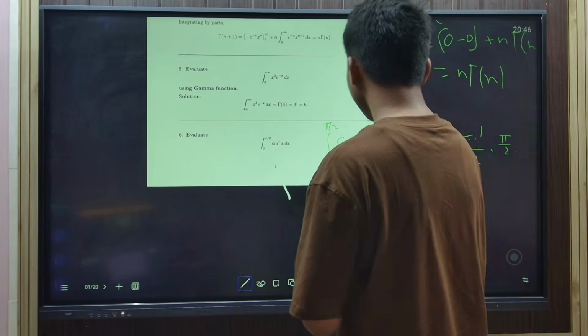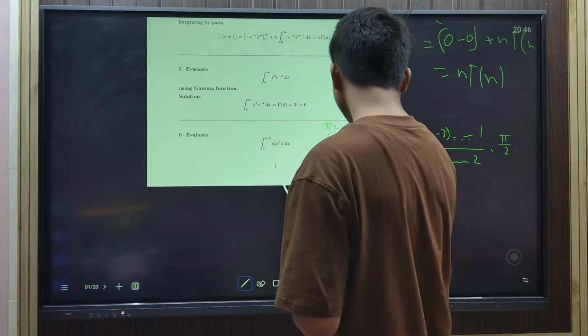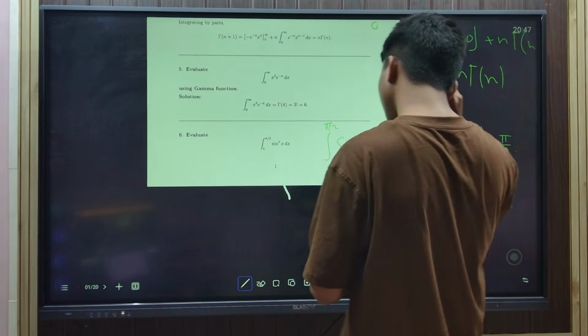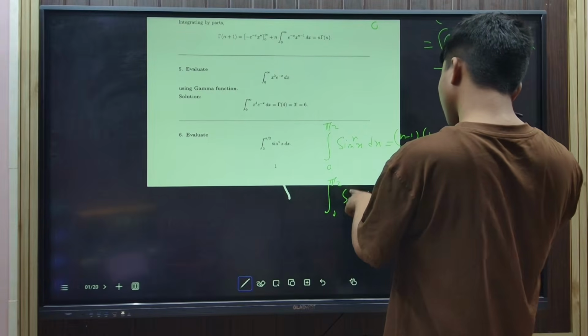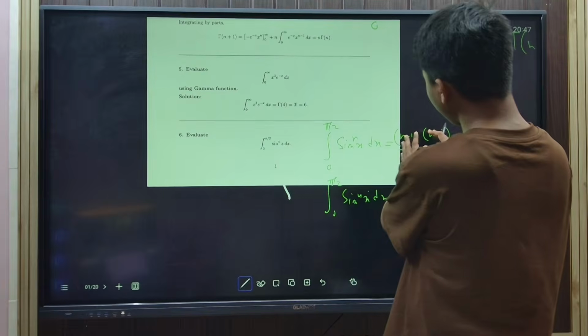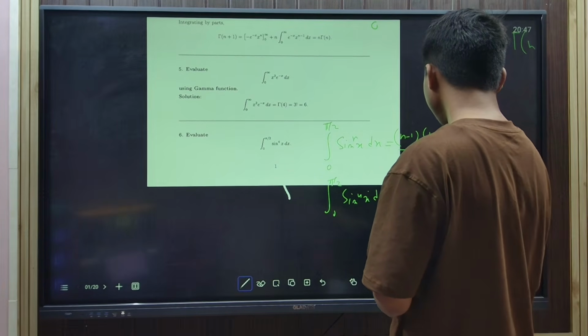Now we put n to be 4. So the integral from 0 to pi by 2 of sin to the power 4 x dx is exactly equal to, with n equal to 4, how far should I go?